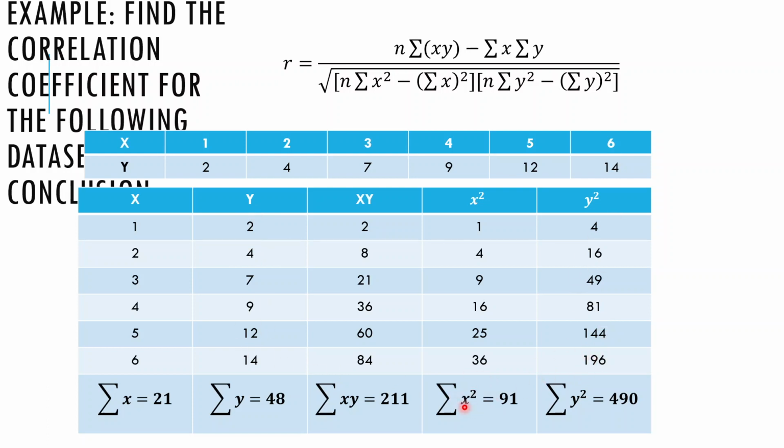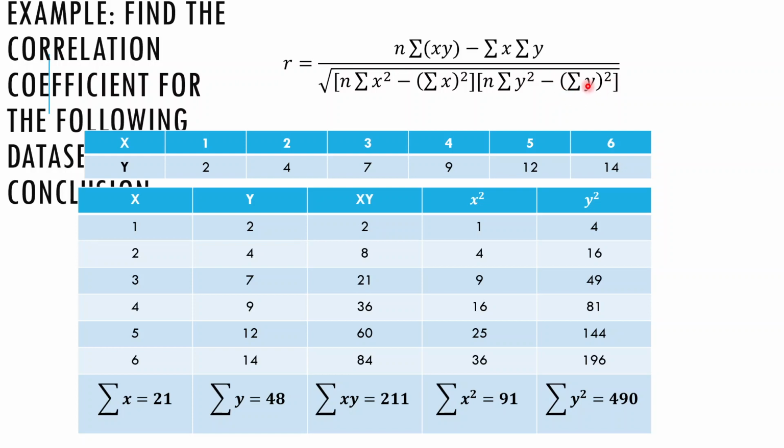I also need to sum it up, because from this formula here, we need the sum of x squared, which is this one. These two are not the same. This is the sum of x, which is 21, and then you square it, which is different from this. This is the sum of x squared, which is this. And same with y and y squared.